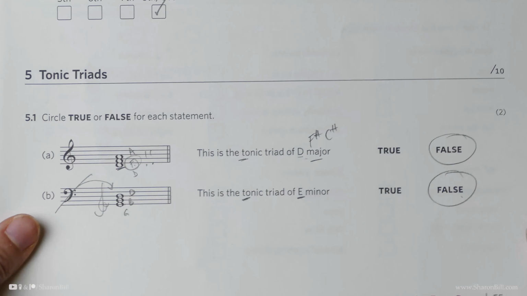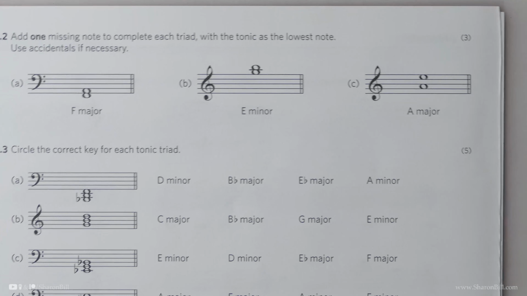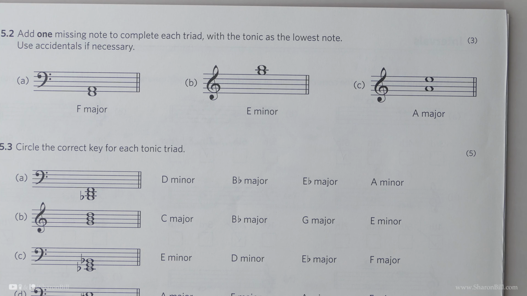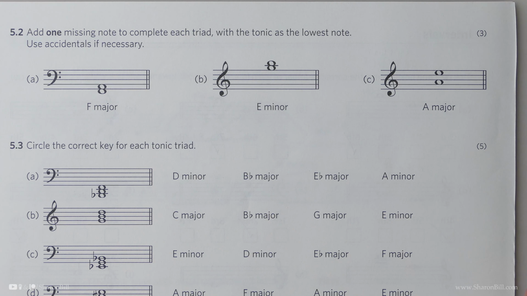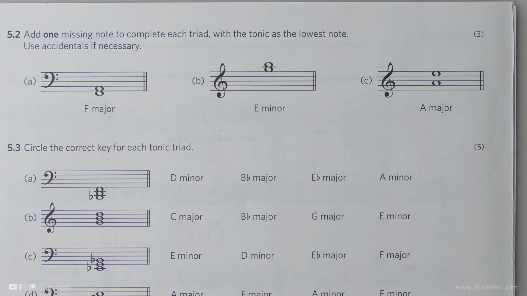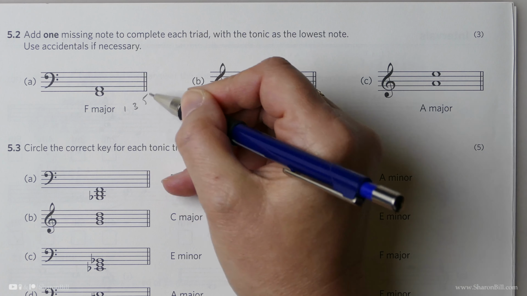Let's turn over the page to page 56, carrying on with the subject of tonic triads. And so here we have to add one missing note to complete these triads. So in F major, we should have the 1st, the 3rd and the 5th.